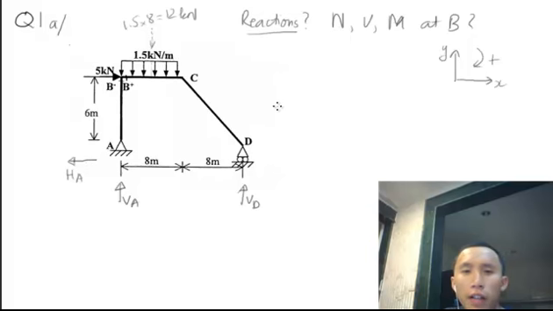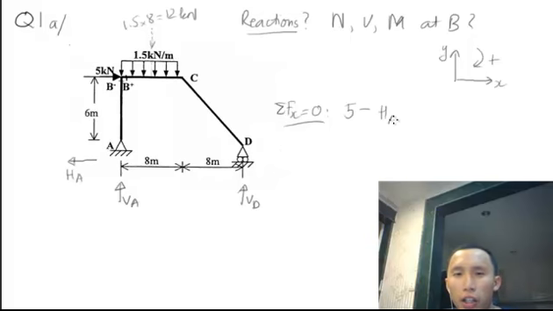Now I will take sigma Fx equal to 0. The 5 kilonewton is to the right, same as the positive direction, so positive 5. And then HA to the left, so negative HA, equal to 0.